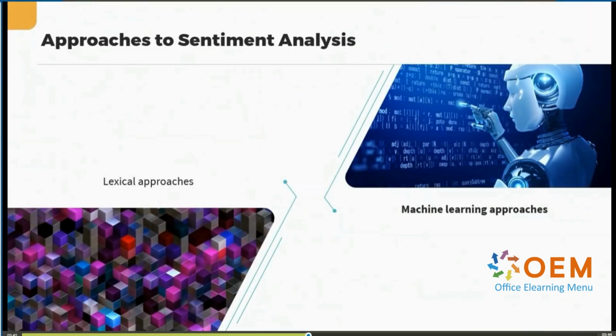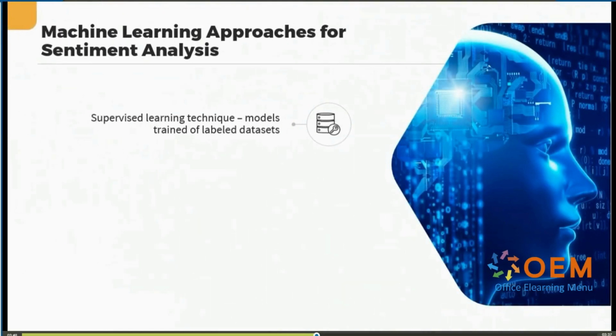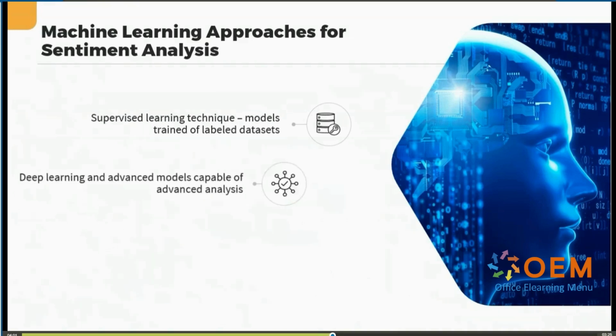Let's now briefly discuss machine learning approaches to sentiment analysis. Sentiment analysis is a supervised learning problem. It's essentially a classification problem where your model is trained on a large labeled dataset. The models learn from the data and then predict sentiment for new unseen text.